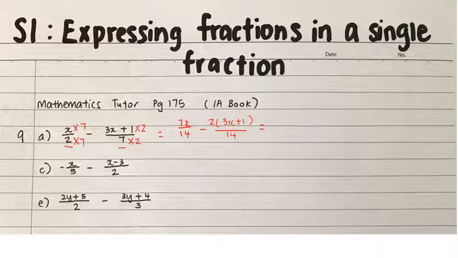Now, from here, when the denominators are the same, I can combine both fractions together. Next, I proceed on to simplify. I multiply minus 2 with 3x, so I will get minus 6x. And I multiply minus 2 with positive 1.